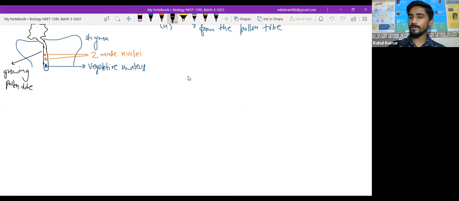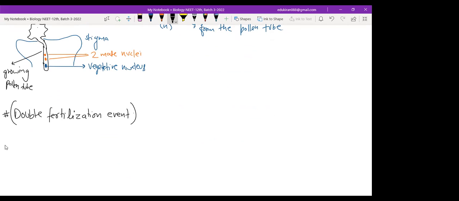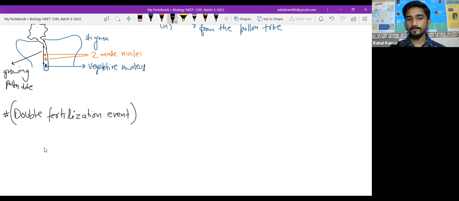You must have heard this term, double fertilization event. It's also in your book in NCERT. Fatima, it was your question.